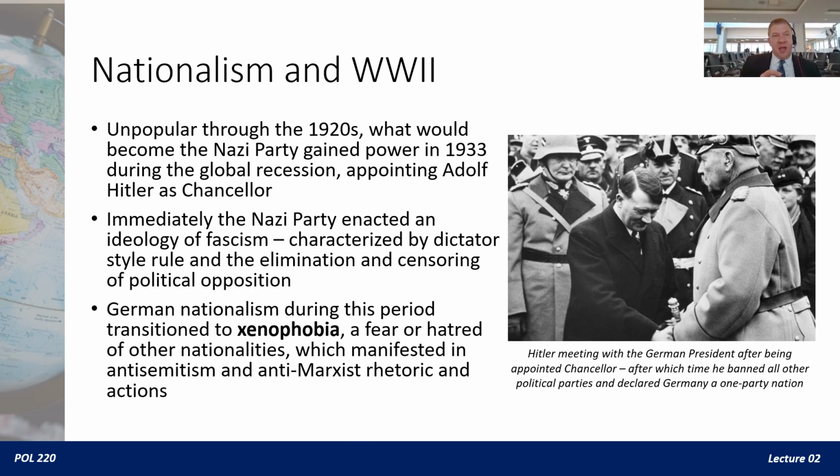What Hitler did, which is very commensurate with political fascism, is that he immediately dictated that all other political parties were illegal, that only the Nazi Party could represent Germany, and began censoring political opposition: other political leaders, the media, the press. That censorship came in the form of arrests and, eventually, executions, unfortunately, for those that disagreed with him. We'll talk a little bit more about fascist movements at a later point, too.